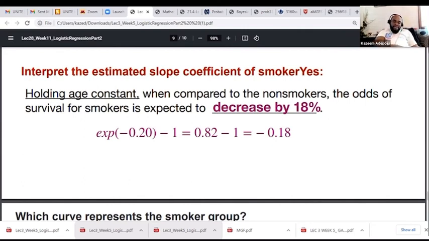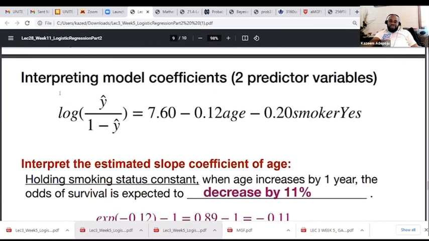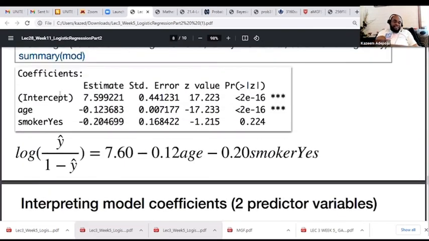Why do I say when compared to non-smokers? Because the predictor variable that I actually want to interpret right now is categorical. And when compared, it means if you look at my regression output, you saw smoker yes, right? Then it means we actually want to compare the smoker yes to what? To non-smoker.